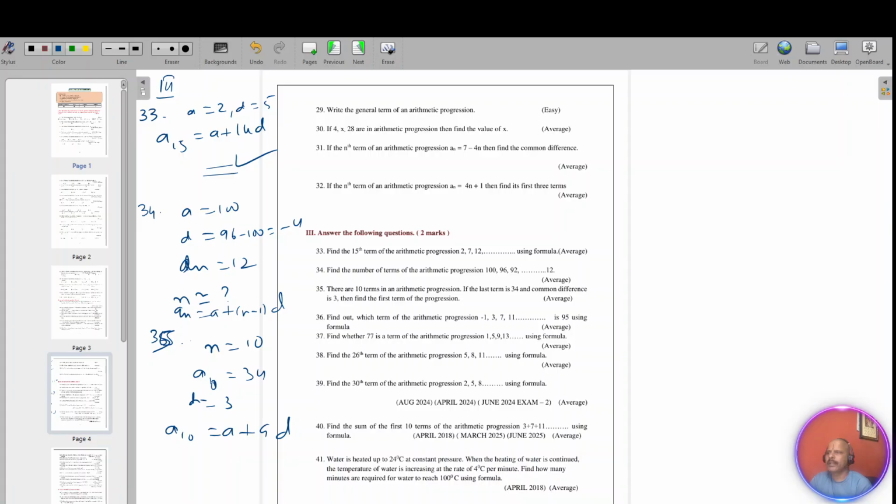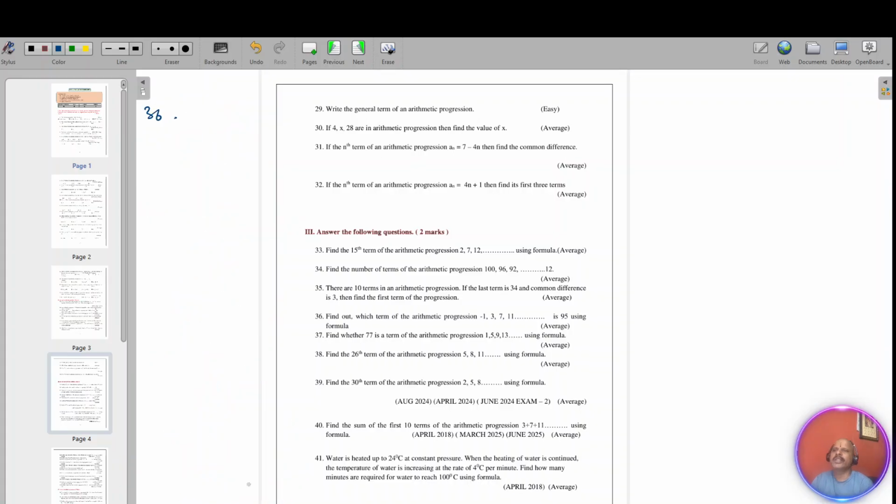Solve for A. Check: 9 threes are 27. When transposing minus 27, 34 minus 27 is 7. 35 is over. Let's see the 36.